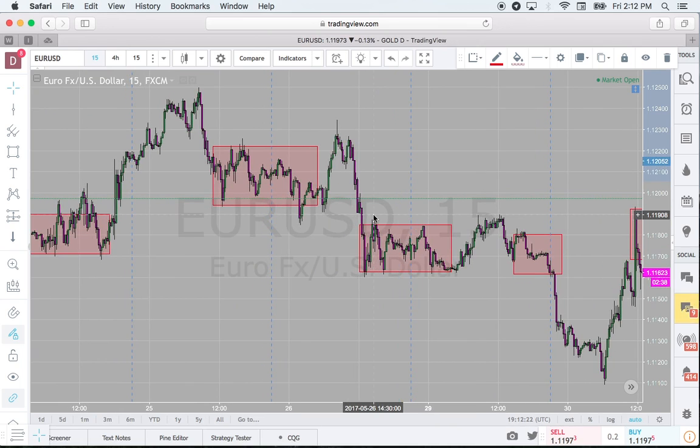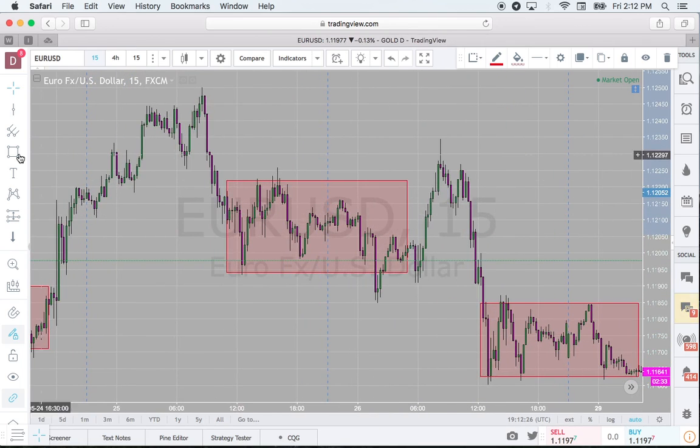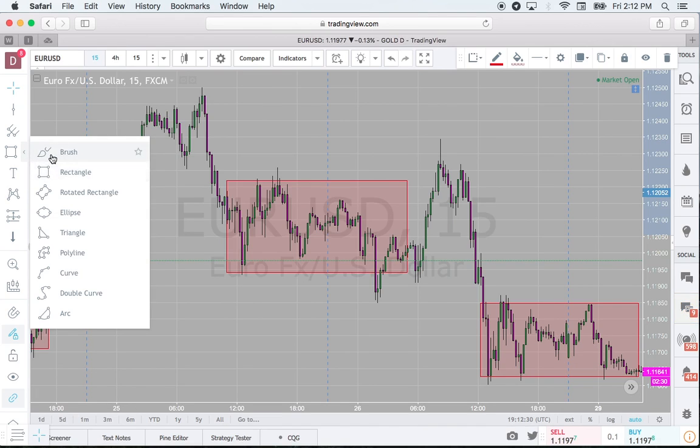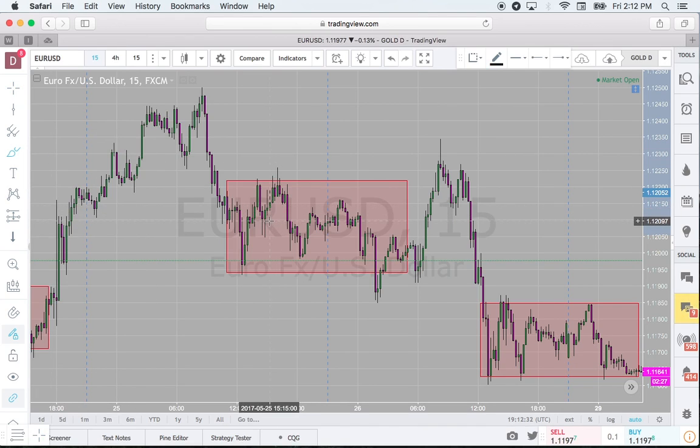So the consolidation cycle works like this. The dealer will consolidate the last 4 to 6 hours, and the first 4 to 6 hours of the day.